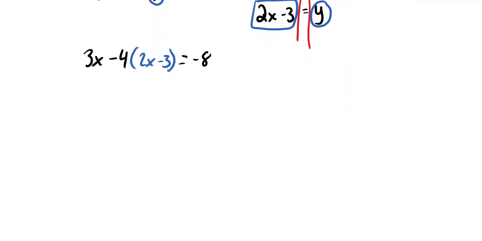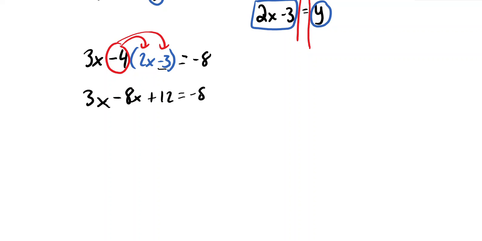The way we solve this is we first distribute this negative 4 to both numbers inside the parentheses. This is going to be 3x. Negative 4 times 2x is a minus 8x. And then negative 4 times a negative 3 is a positive 12, equals negative 8. 3x minus 8x yields negative 5x.